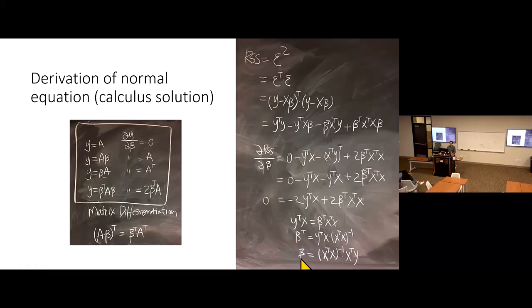Okay, so this is the solution for beta. Our most stable expression is x transposed times x, then inverted, times x transposed, then times y. Those are all matrix multiplications, or a matrix multiplied with a vector.